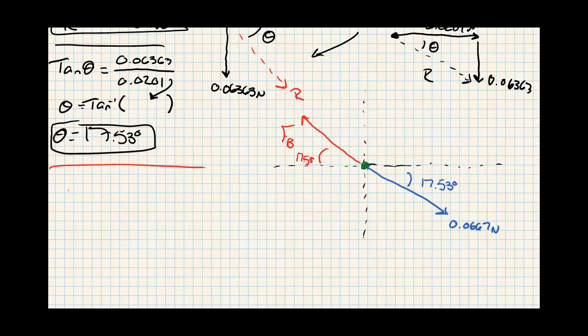So can we get the magnetic field from that? Well, FB equals QVB.